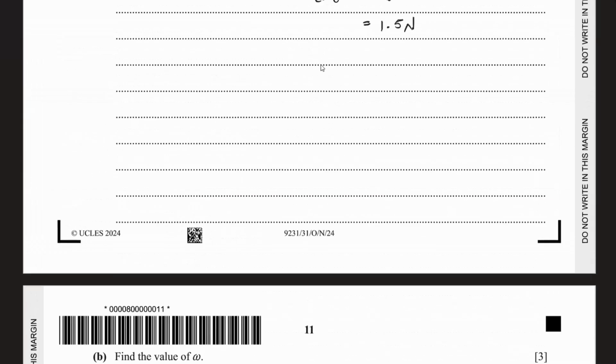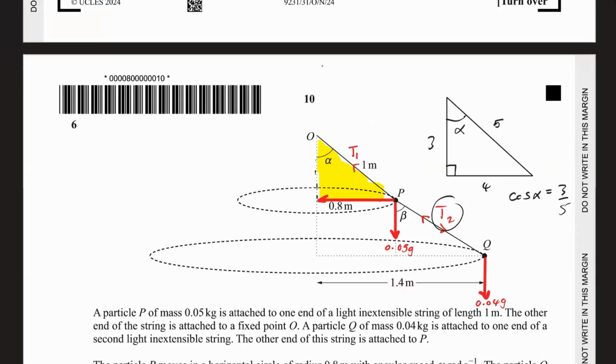And since T2 is pulling on P, we can consider the component of T2 going in the opposite direction.